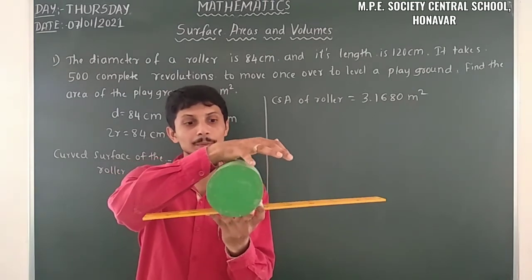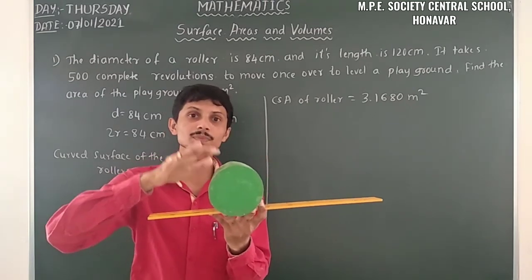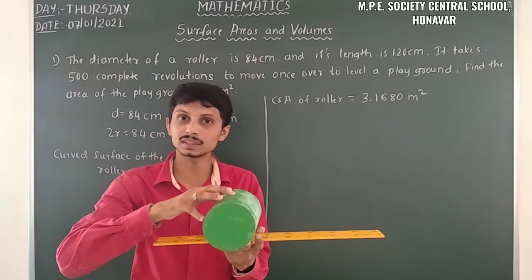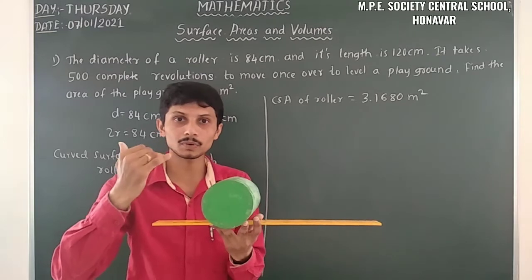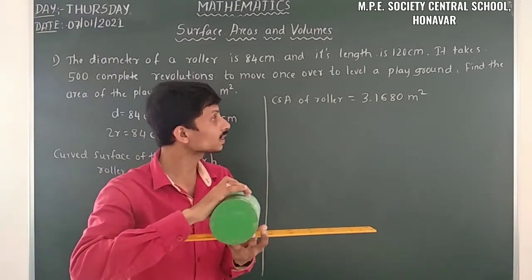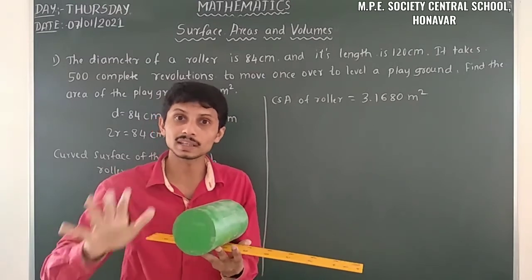The curved surface area of the roller is 3.1680 meter square, which means after taking one complete revolution, it covers 3.1680 meter square area.